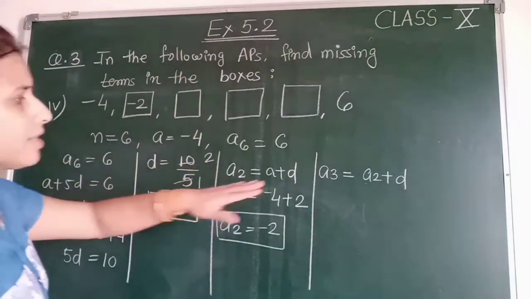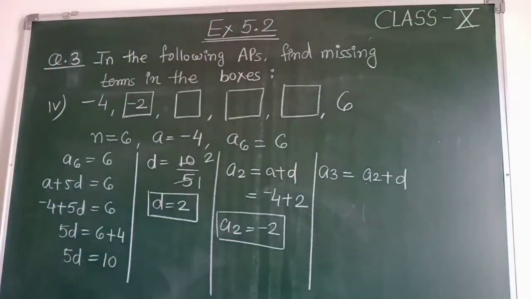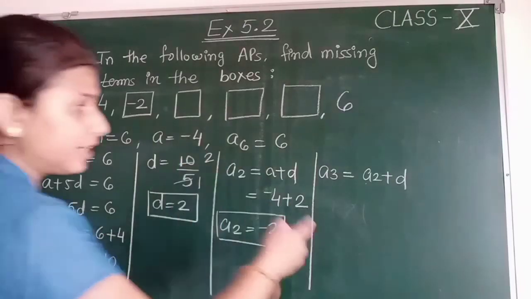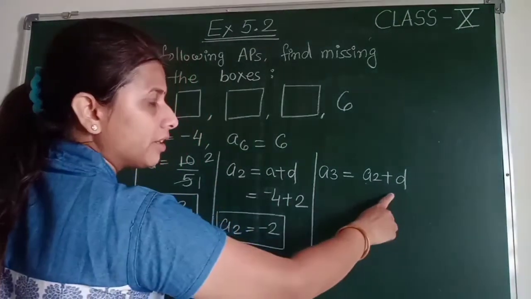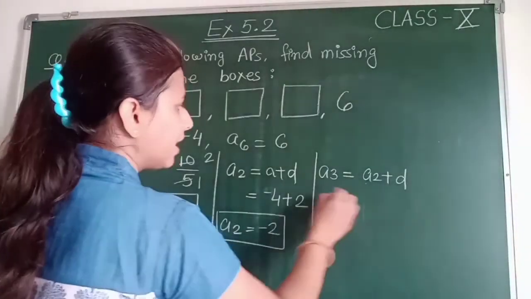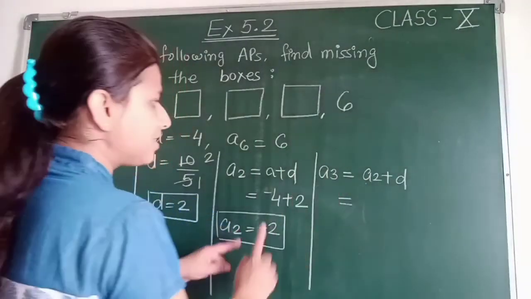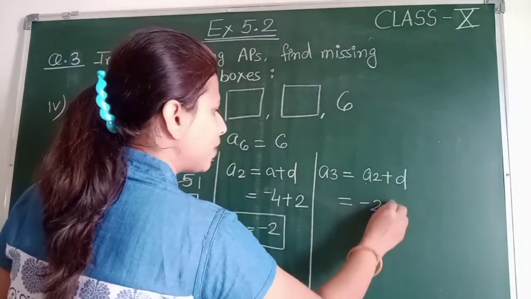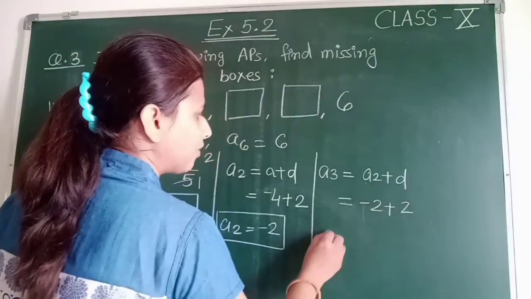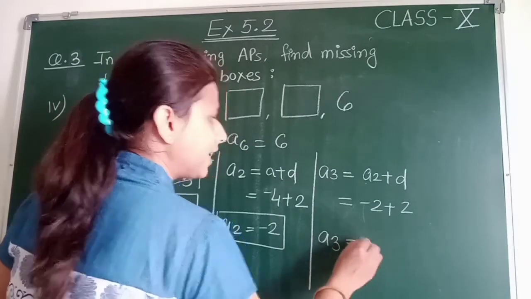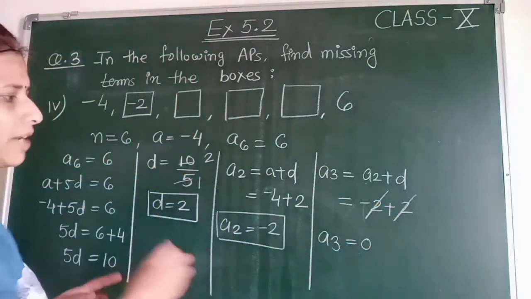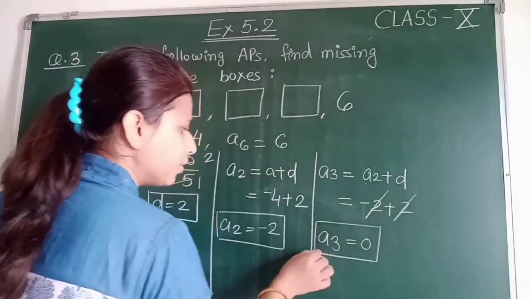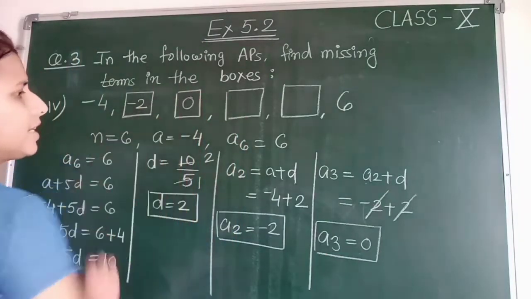Or you can substitute A3 equals A plus 2D and then substitute the values of A and D. In that way also you can find the third term. But this is the short way, student. You just have to add this D into the second term. The second term is -2 and D is 2. What do we get? This -2 cancels with this +2 and we get A3 as 0. So the third term is 0.